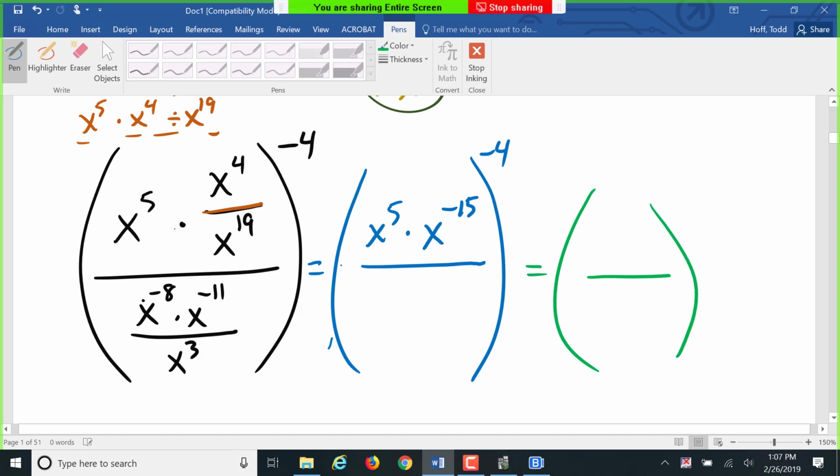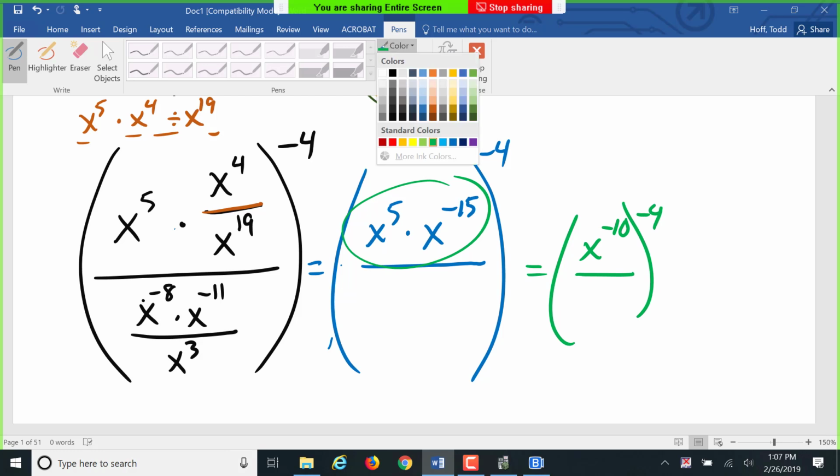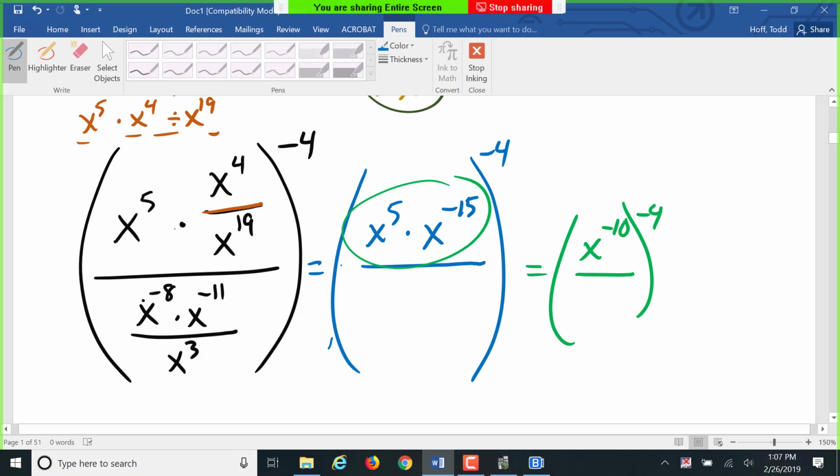To keep going on top there, what is then the x to the 5th times x to the negative 15th? X to the negative 10. Very good. On bottom, what do we have to do first down there? Multiply the top.